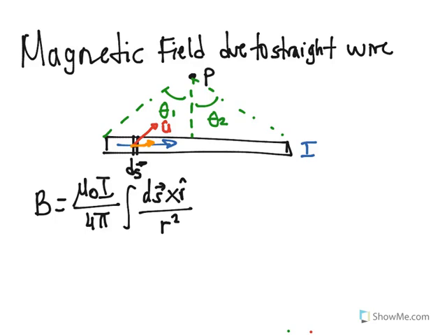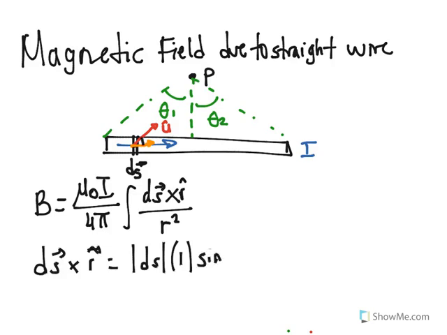Let's see the implications of all of these terms. ds in a cross product with r: remember that the cross product is the magnitude of ds times the magnitude of r, which, since it is a unit vector, is 1, times the sine of the angle between these two vectors.